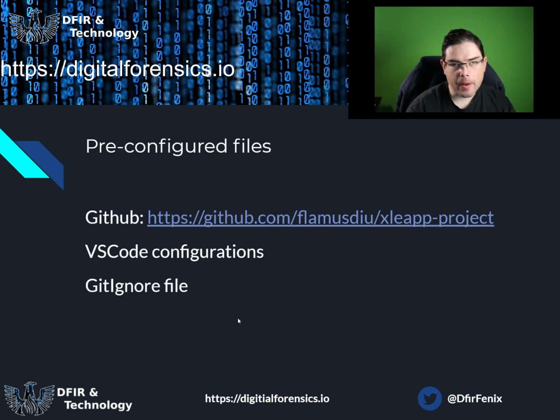Alright, so I need to go back and make sure that the right files are updated on GitHub at this location, which will have the GitHub configurations and a gitignore file. The ignore file is basically what information you don't want to show up. There is one up there. The project also has one.